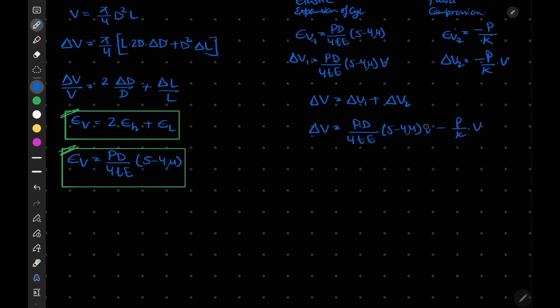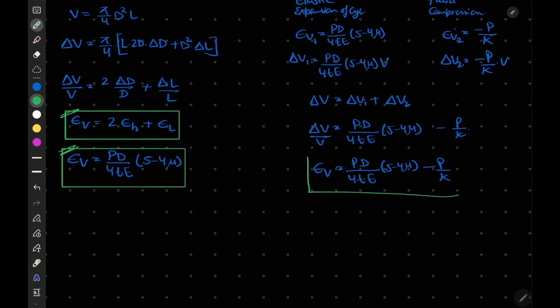Now if I take these V's in the denominator, I can write that epsilon V, volumetric strain in case of your compressible fluid, is written as PD by 4TE times of 5 minus 4 mu minus P by K. So this is your relation.